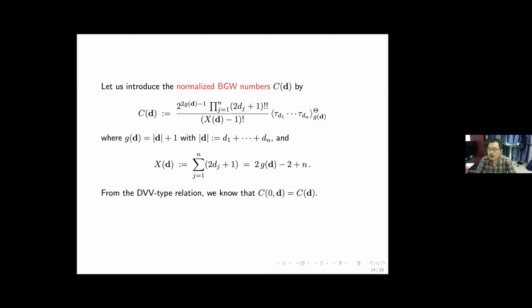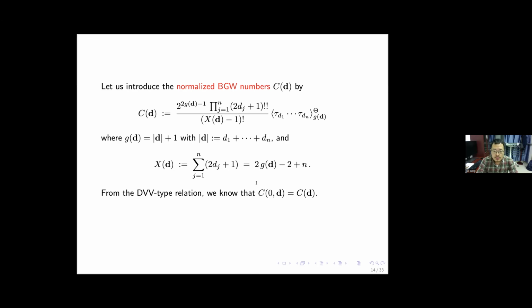So these numbers are really labeled by integer partitions with positive parts. Here X_D is the sum of 2d_j plus 1. We also use G_D to denote the sum of the weight of D plus 1, so that this is just 2g minus 2 plus n.